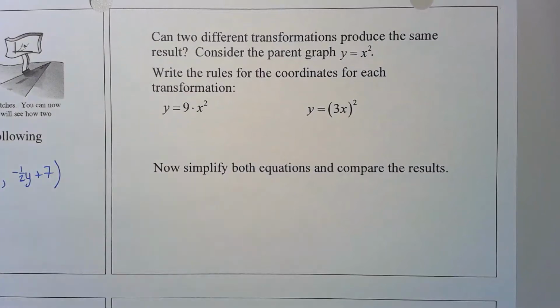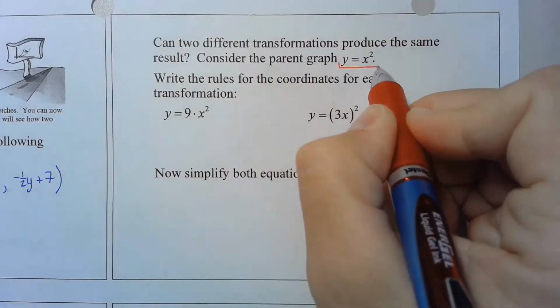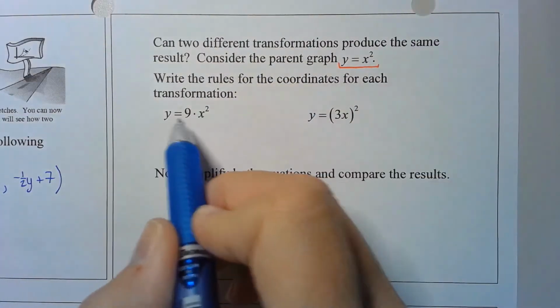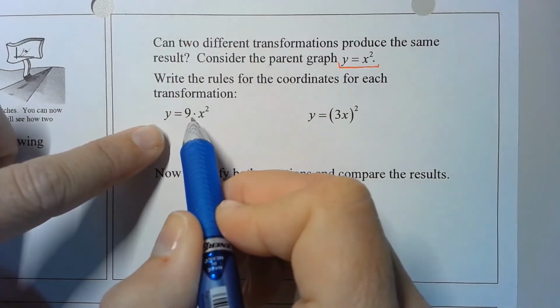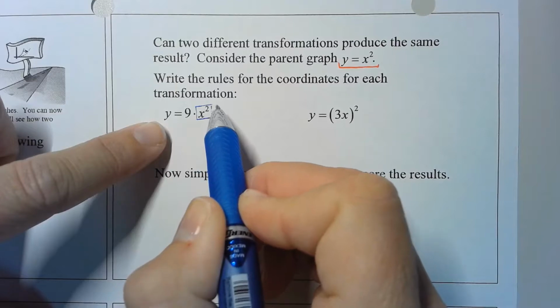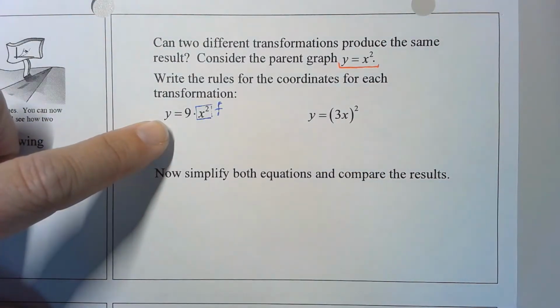So it says, can two different transformations produce the same result? So let's start with the graph y equals x squared. Lovely little parent graph. It says, write the rules of the coordinates for each transformation. So this first one says y equals 9 times x squared. So here's my function, x squared. That's like my f of x, and they want me to multiply it by 9. That 9 is outside the squared, right?